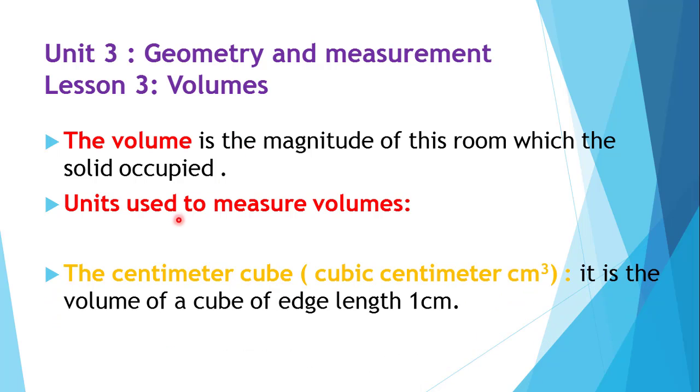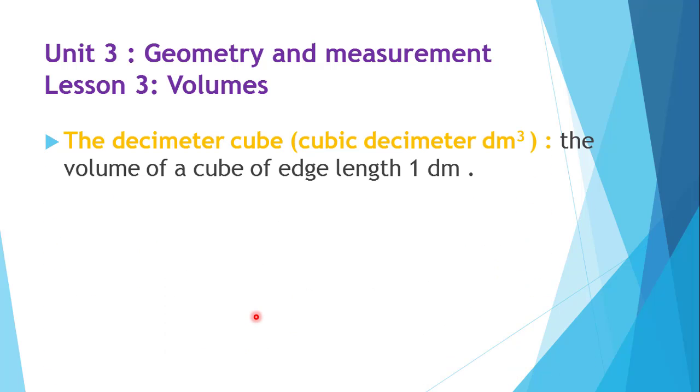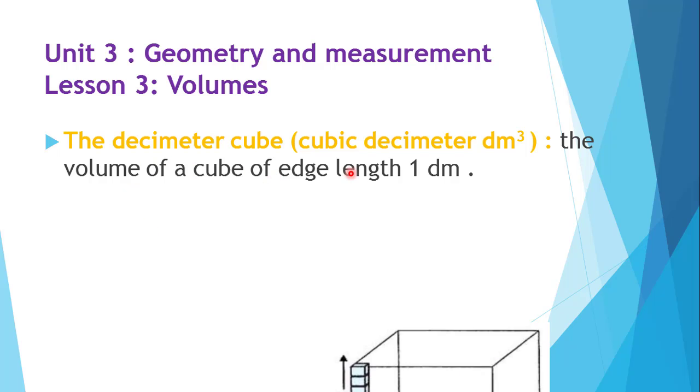We have, for example, centimeter cube. It's the volume of a cube of edge length 1 centimeter. By the same way, a decimeter cube is the volume of a cube of edge length 1 decimeter.